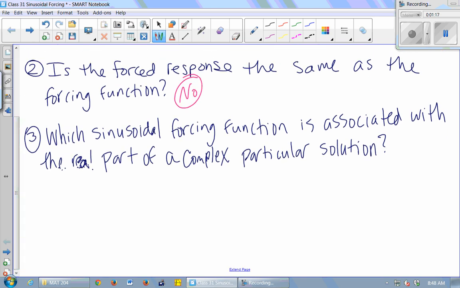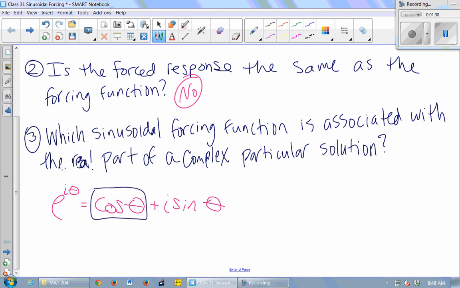So remember that e to the i theta is cosine theta plus i sine theta, right? So if you find a complex solution that looks like e to the i theta, the real part of that is associated with a cosine forcing function. The imaginary part is associated with a sine forcing function.